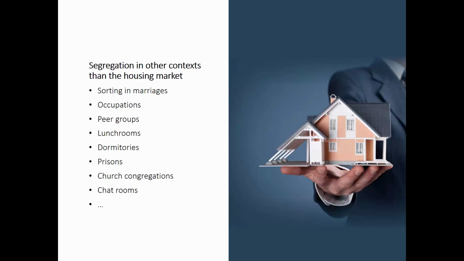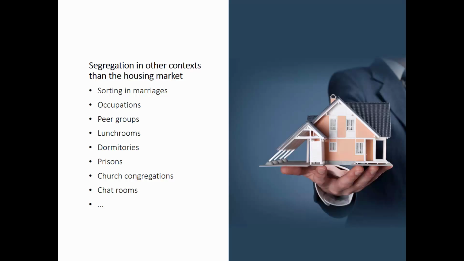You find it in occupations, as I already mentioned, right? It's not just space or the physical neighborhood where people congregate and come together with certain social attributes, but it's also in occupations. Peer groups, lunchrooms, when you look at who's sitting together in the restaurant, for example.